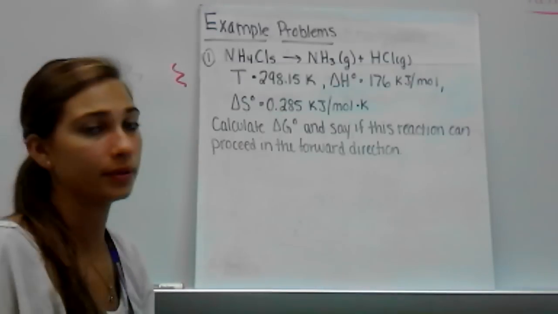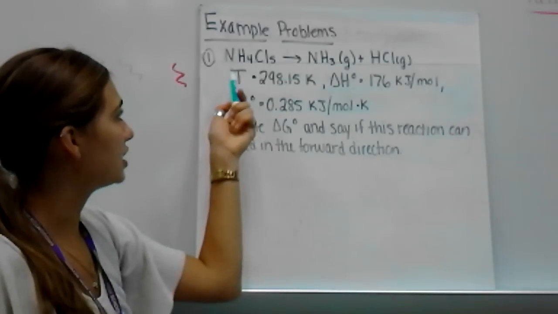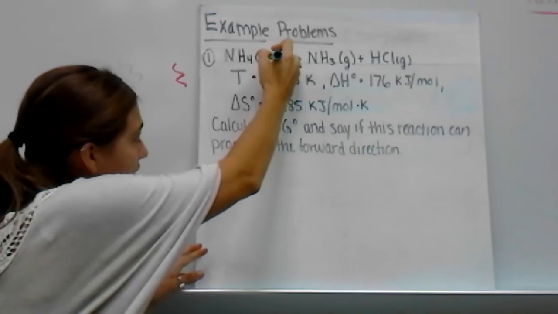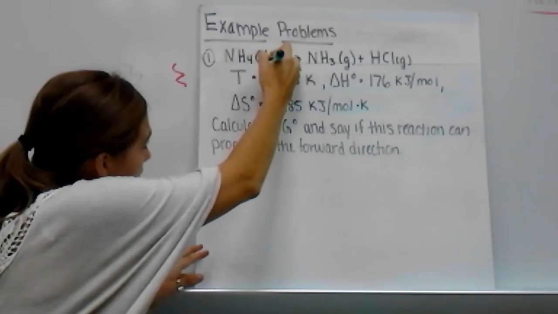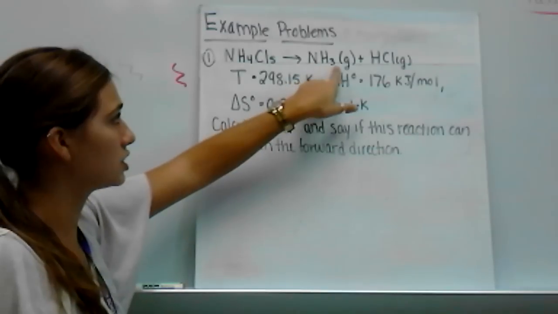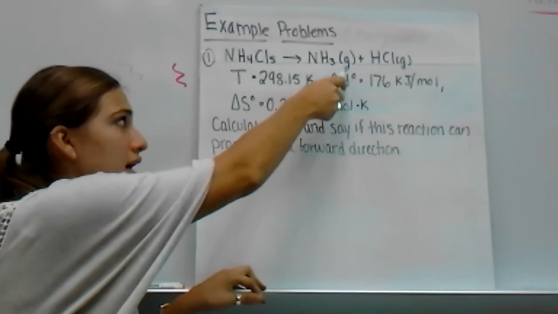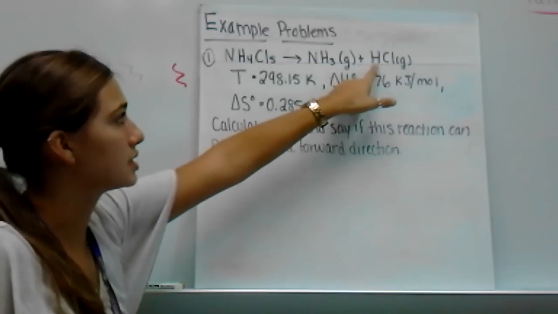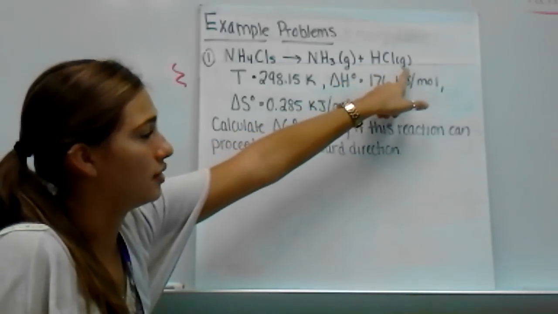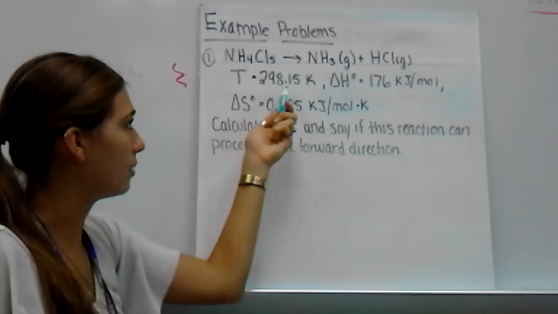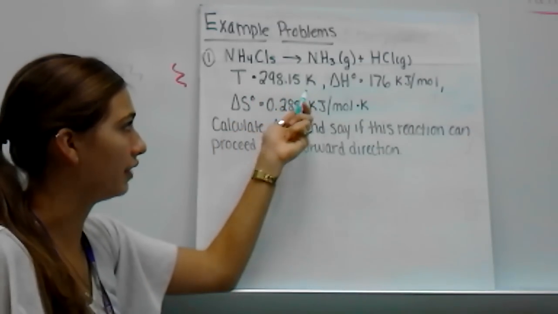Alrighty, here's an example problem. NH4Cl, that's a solid, goes to NH3, and then in parentheses right here you see G, this means it's in a gas form, plus HCl, which is also in a gas form. It's telling us that the temperature here is 298.15 Kelvin.